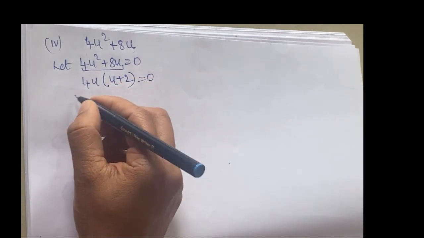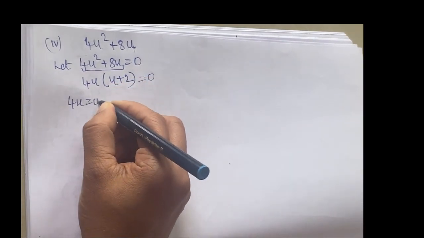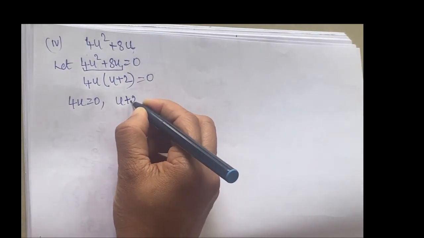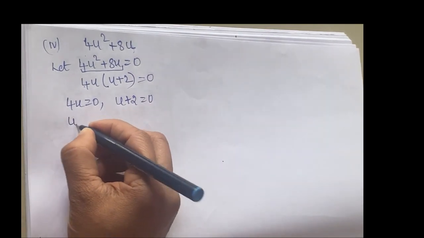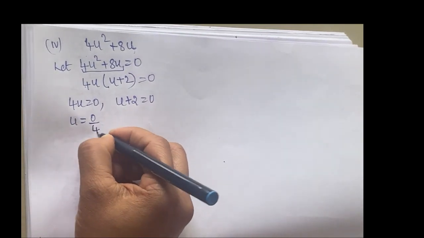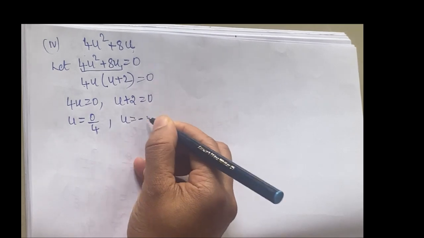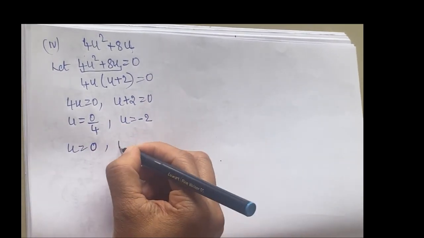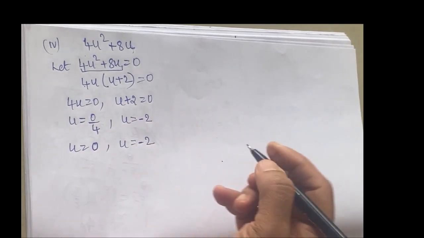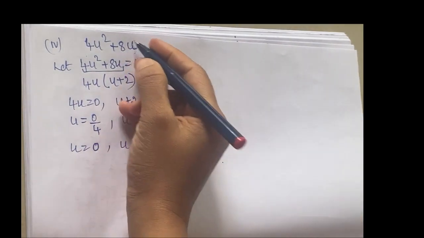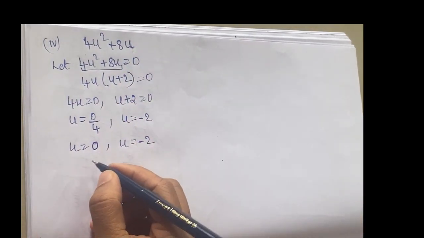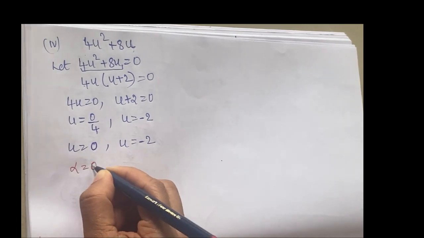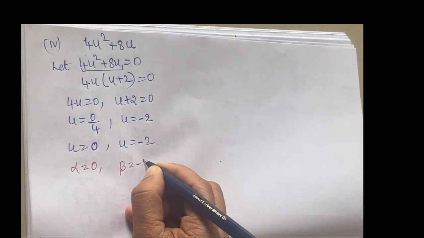So 4u is 0, or u plus 2 is equal to 0. u is 0 by 4, u is minus 2. 0 by 4 is 0 only, and u is minus 2. These two are the zeros of the polynomial 4u square plus 8u. Here I will take alpha as 0 and beta as minus 2.